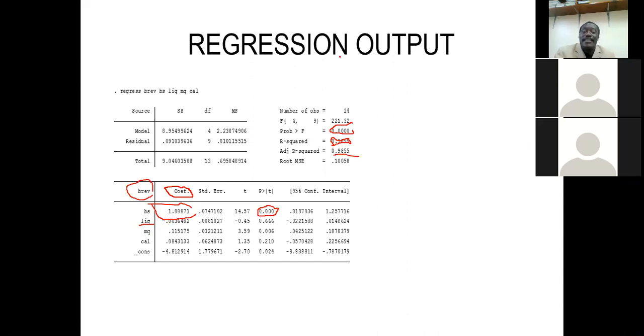Because it is communicating with you, you need to know why it is positive and why it is significant in terms of p-value. That is very important for you to assess, and you make your analysis based on that.